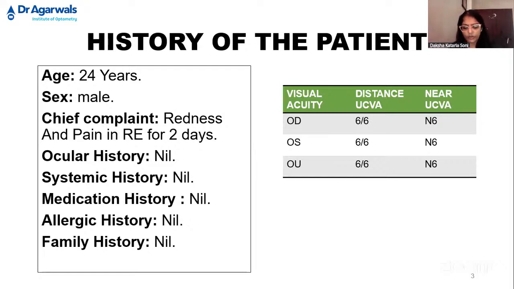I'll move on to one last question. There are a series of tests which are indicated in uveitis. Can you just name any two tests which we can do for confirming what could be the reason for uveitis, other than HLA-B27? OCT, ma'am.